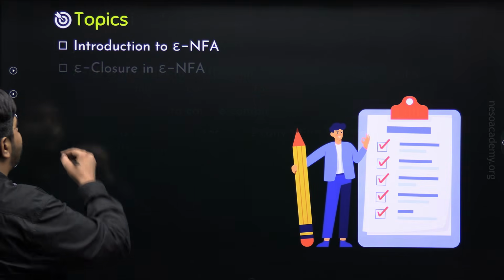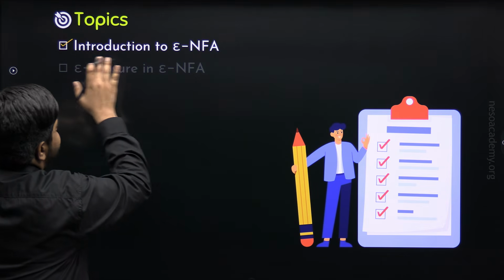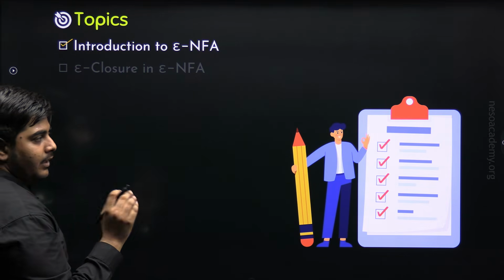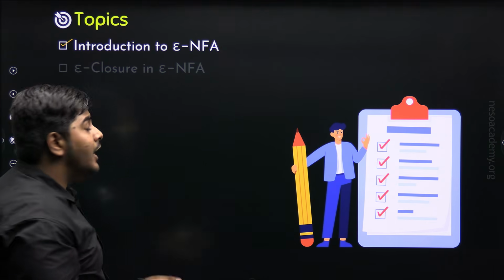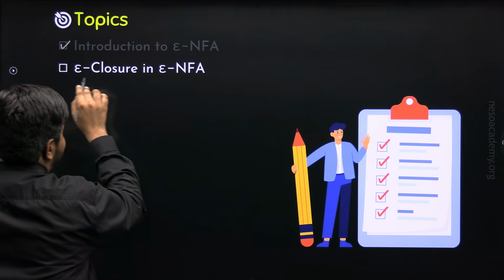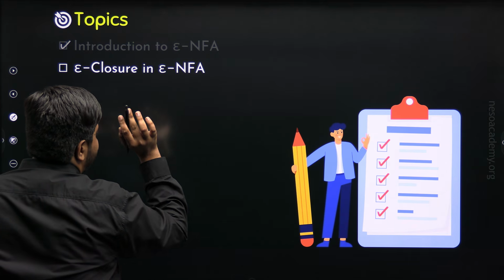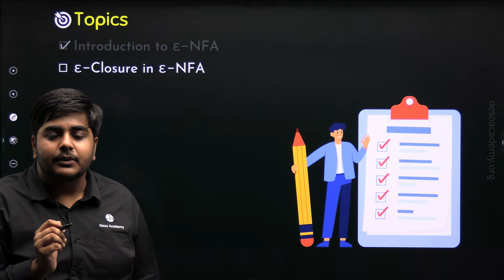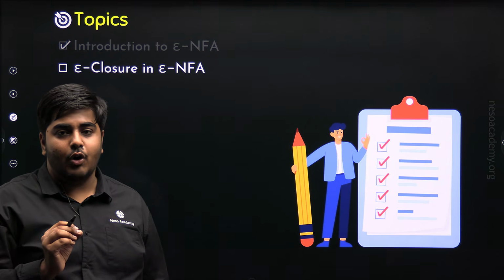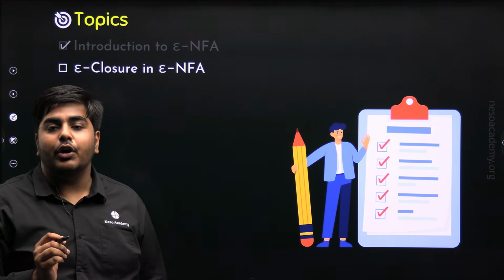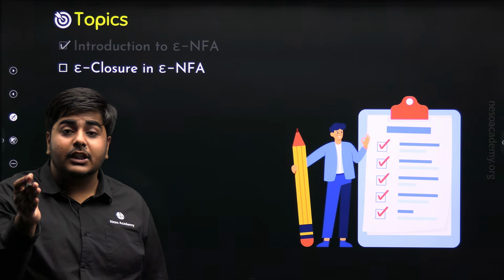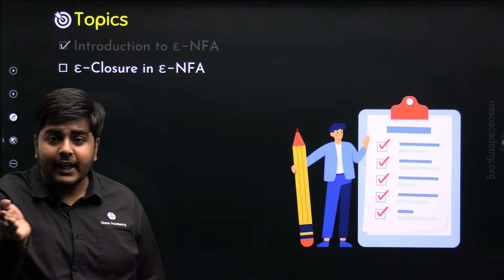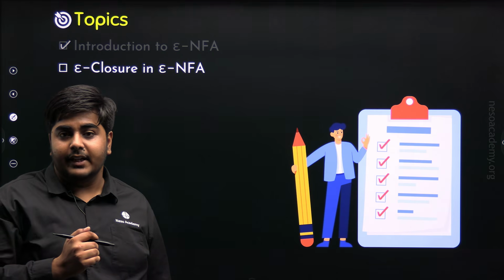In this way, we have completed our first topic, that is Introduction to epsilon-NFA. Now we are going to proceed with our second topic, that is epsilon closure in epsilon-NFA. But what is the need to study epsilon closure? From the next lecture onwards, we will start a very important topic, that is the conversion of epsilon-NFA into its equivalent NFA.